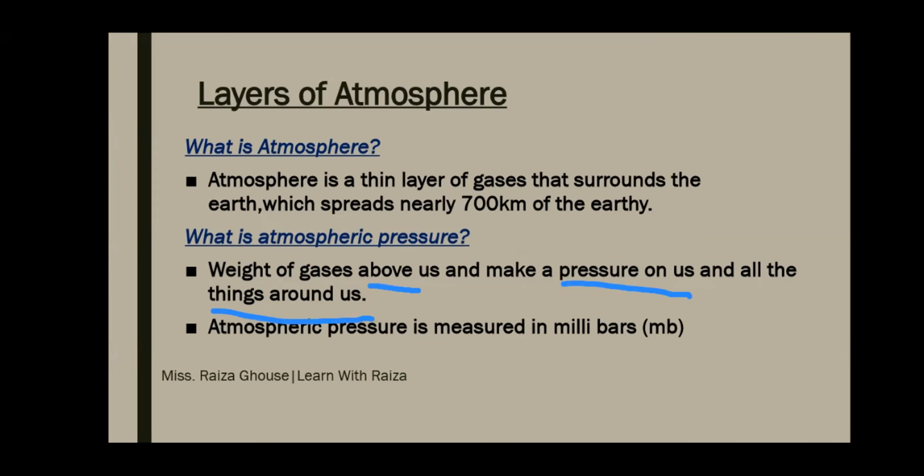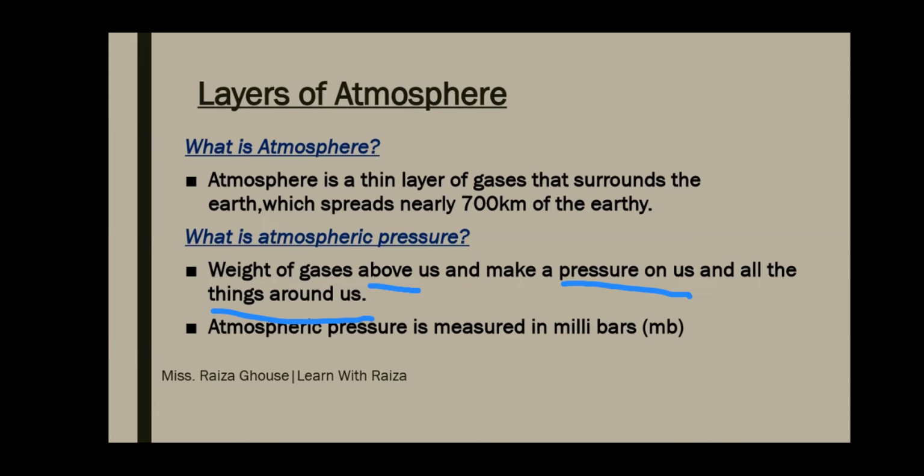The weight of the gases above us makes a pressure on us and on all the things around us. See how easy it is? Atmospheric pressure means the weight of gases above us makes a pressure on us and all the things around us. That is called atmospheric pressure.